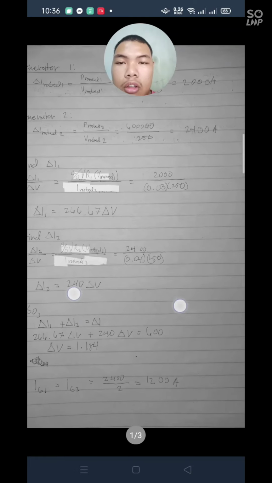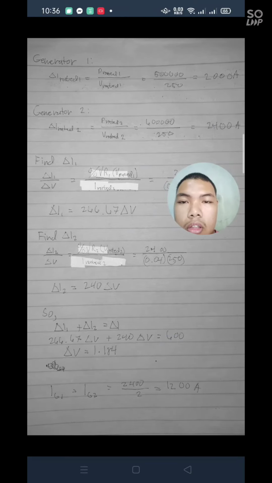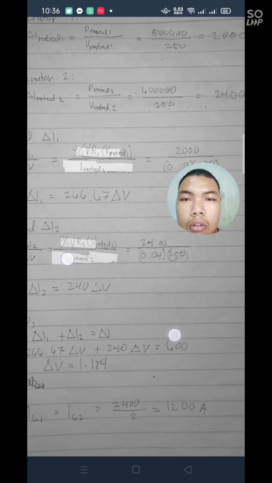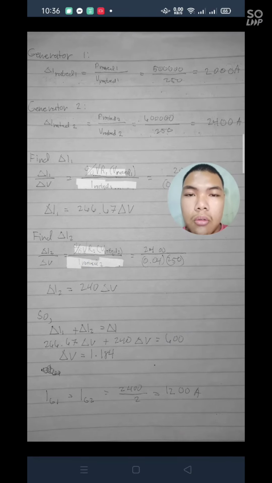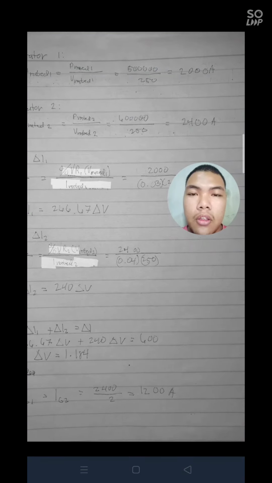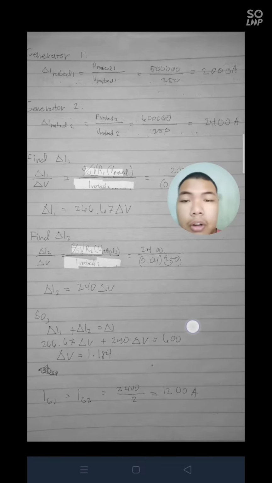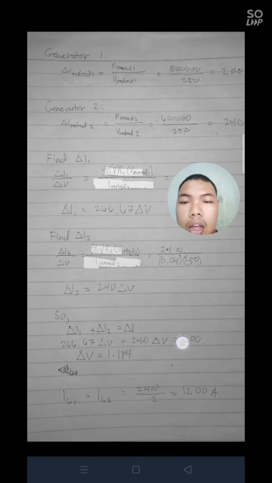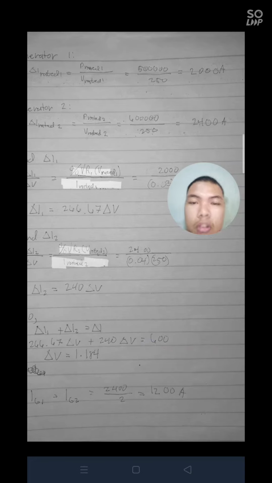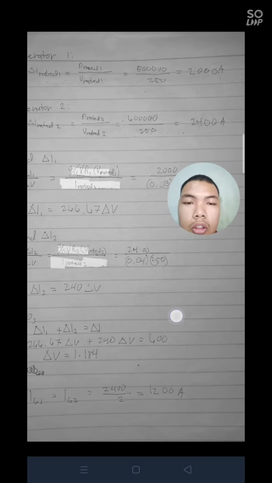So generator 1: I rated 1 equals P rated 1 over V rated 1, so equals 500,000 over 250, so equals 2,000 ampere. Generator 2: I rated 2 equals P rated 2 over V rated 2, so 600,000 over 250 equals 2,400 ampere.